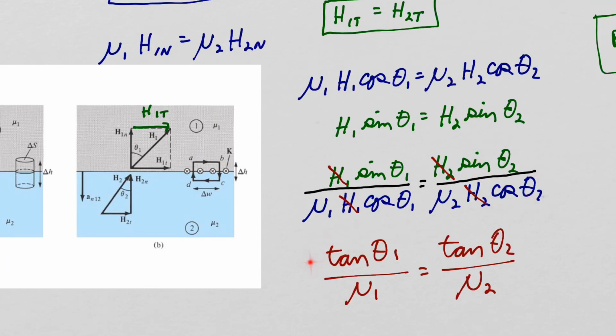We get a relationship between the angles of the magnetic fields on the two sides of the boundaries and the absolute permeabilities of the two materials. This equation gives us the refraction condition for the magnetic fields across the boundary.